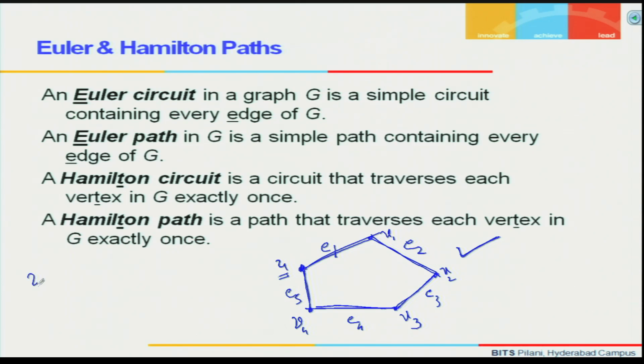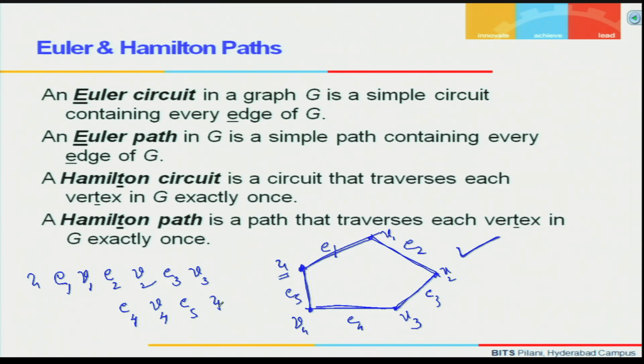What is the path I am speaking of here? It is u, the starting vertex, then I traverse through the edge E1 to vertex V1, then edge E2 to vertex V2, then edge E3 to vertex V3, then edge E4 to vertex V4, and then edge E5 and reach back to the source vertex, that is u.